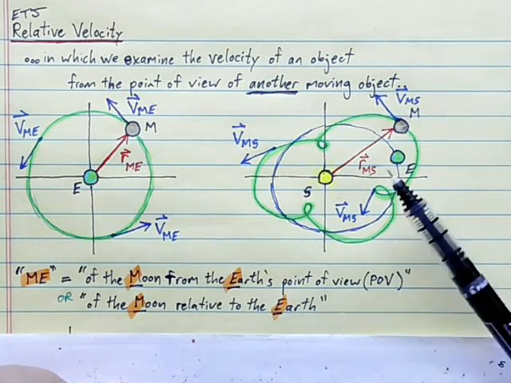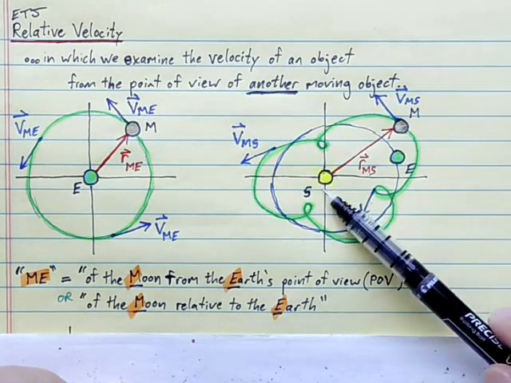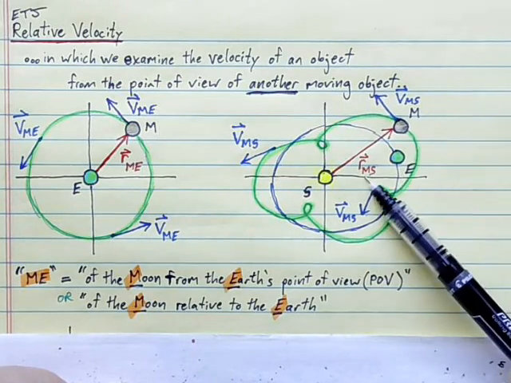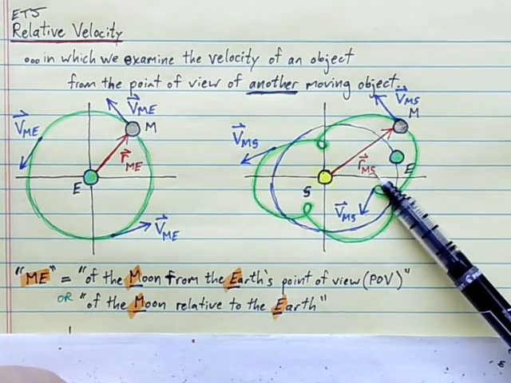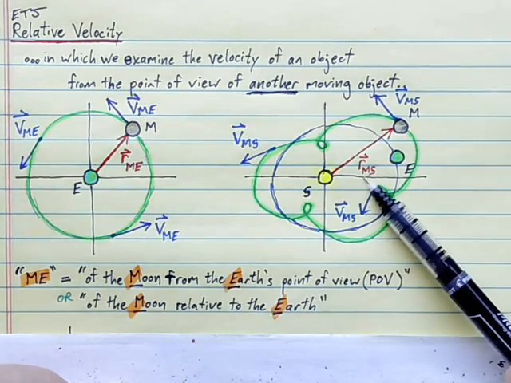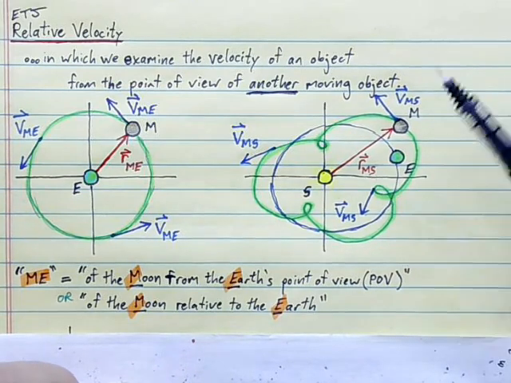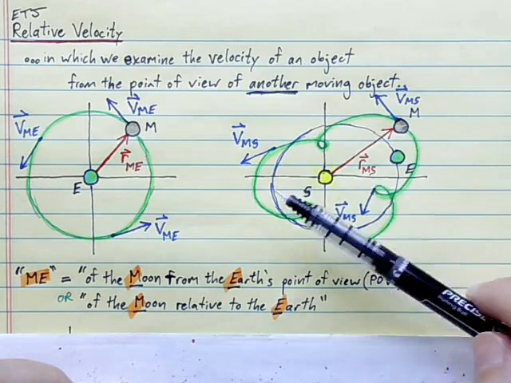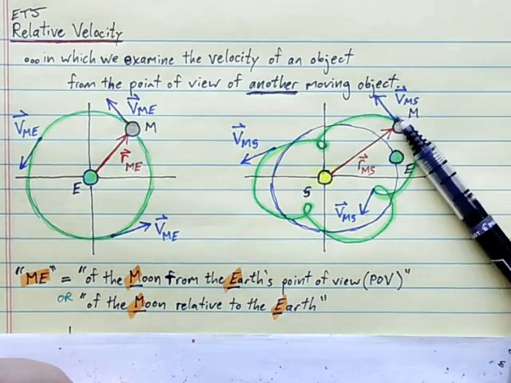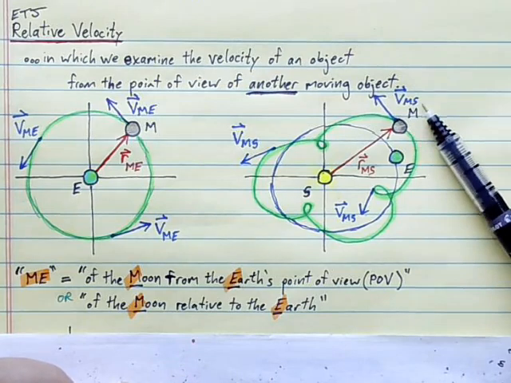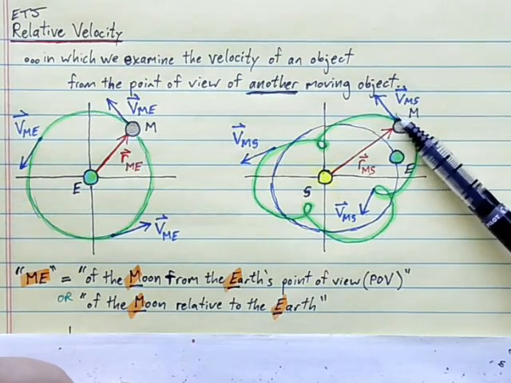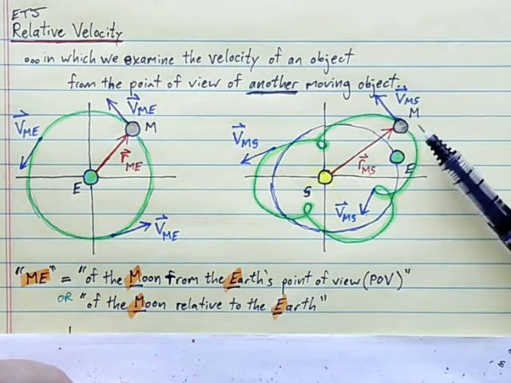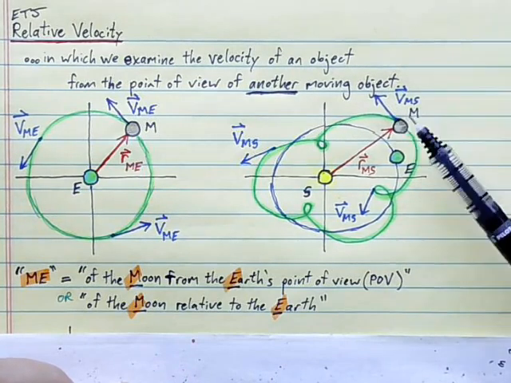So in red, I've got the position vector indicating the position of the moon with respect to the sun, MS, the moon's position from the sun's point of view. And then at any given point on that green path, I can indicate the velocity of the moon from the sun's point of view. And we know our velocity vector is always tangent to our path. So here's VMS at this moment.